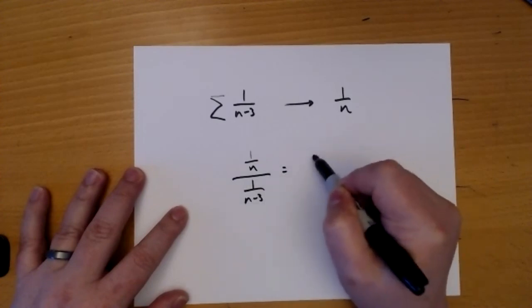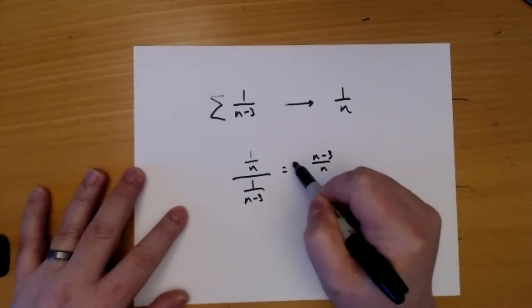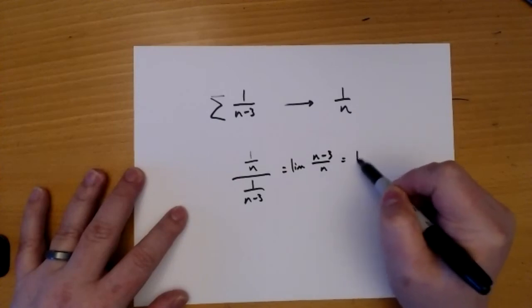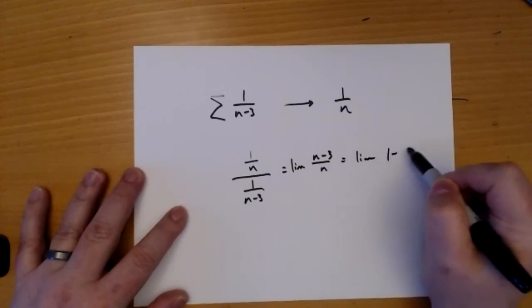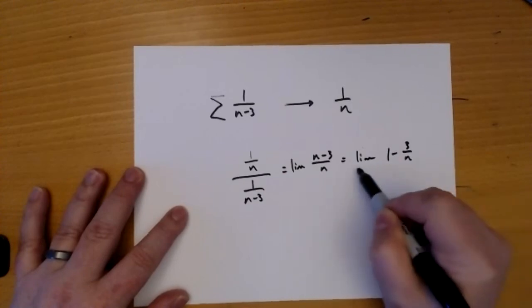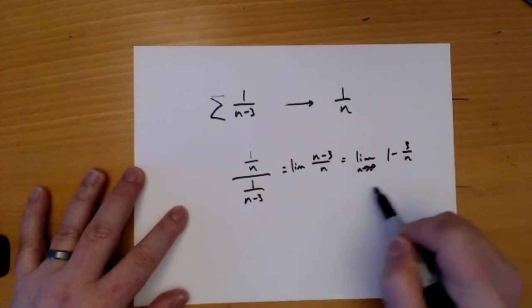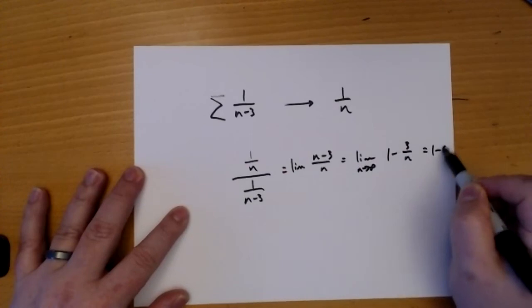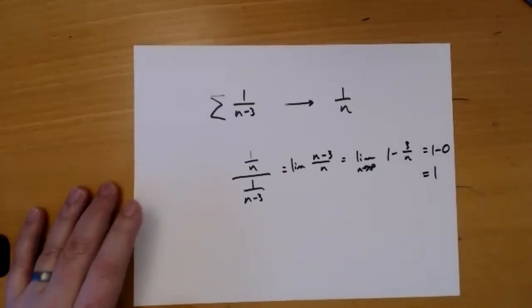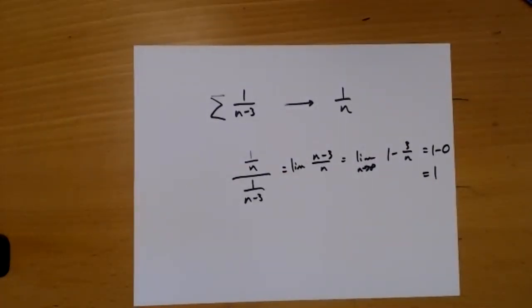And the limit of that is 1 as n approaches infinity. So they both have the same convergence status, and the harmonic series diverges, so this also diverges. Good. Good.